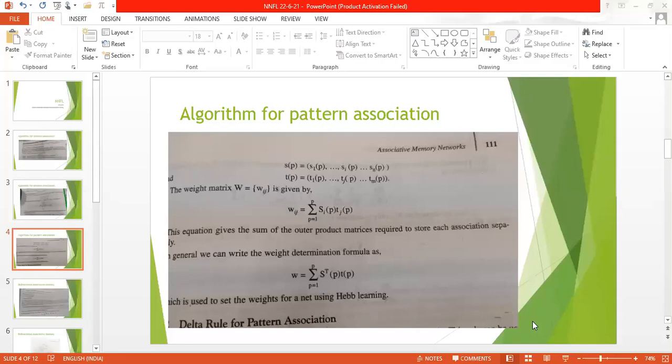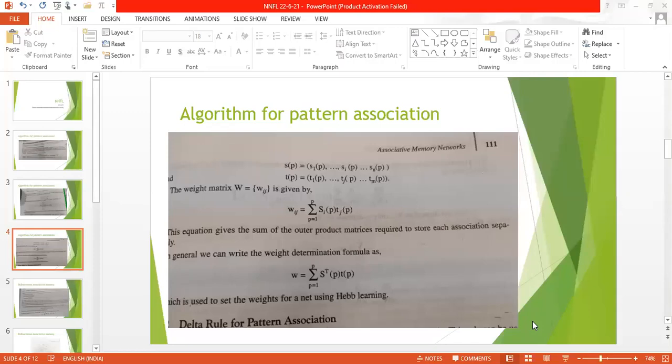This may be asked for 2 marks. Mention what is a heteroassociative neural network. So for 2 marks, you may be asked: a fully interconnected neural network where inputs and outputs are different is called a heteroassociative neural network.